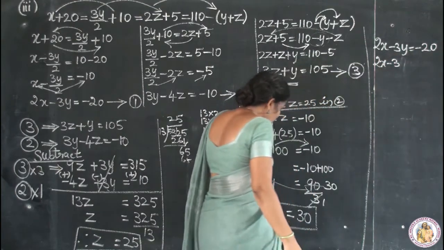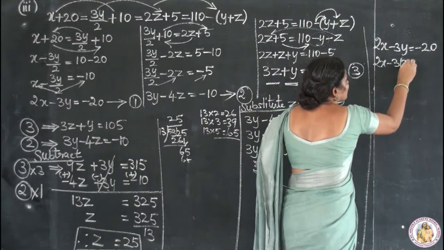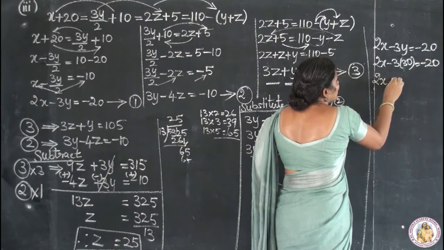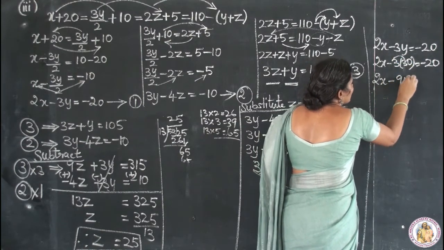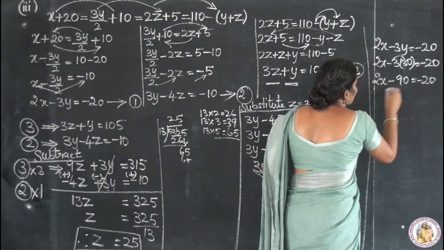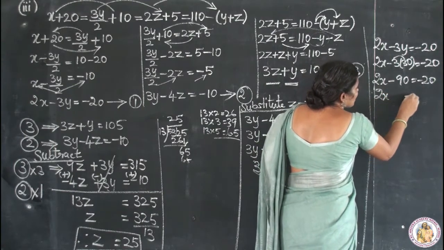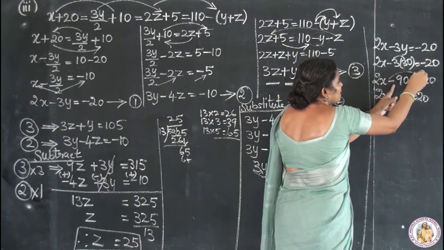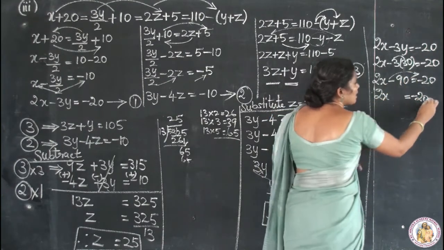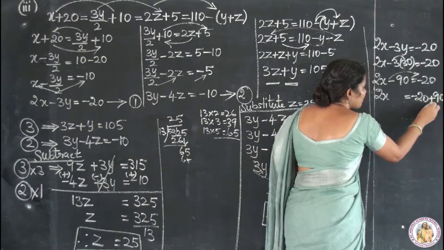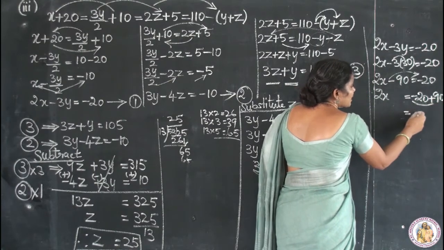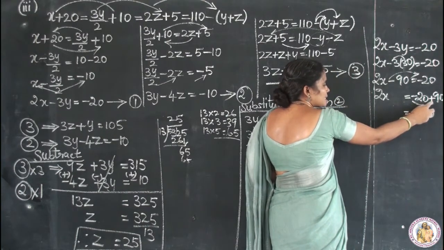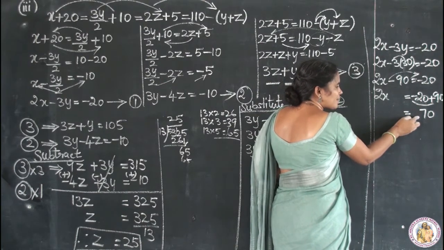In the place of y, apply 30, is equal to minus 20. 2x minus 3 into 30 is 90, is equal to minus 20. 2x is equal to minus 20 plus 90. When it moves to the right side, it will become plus 90. Different signs, so subtract. 90 minus 20 is 70. 90 is greater, so it will be plus 70.